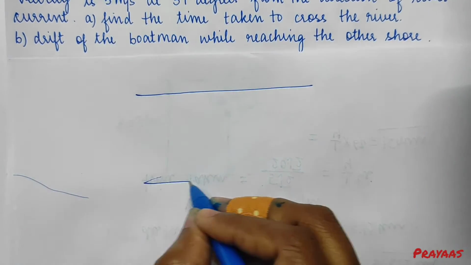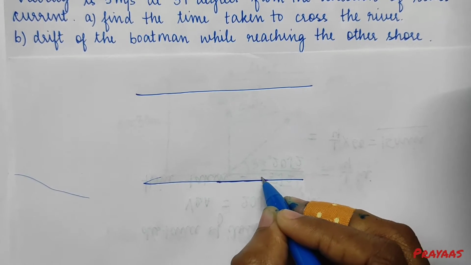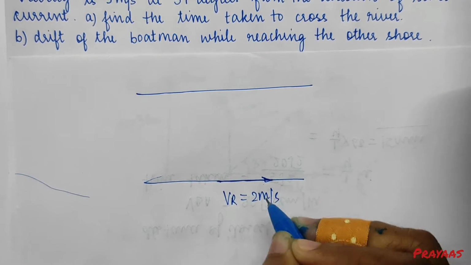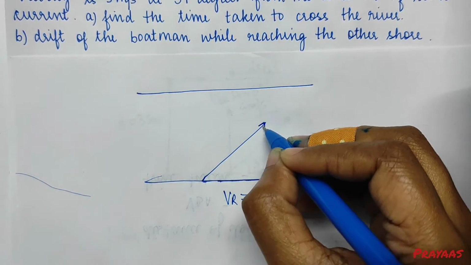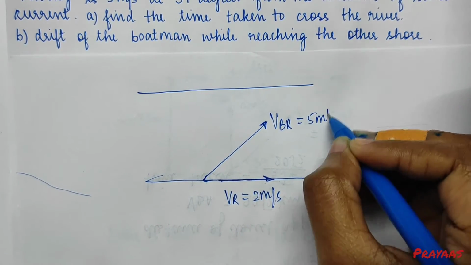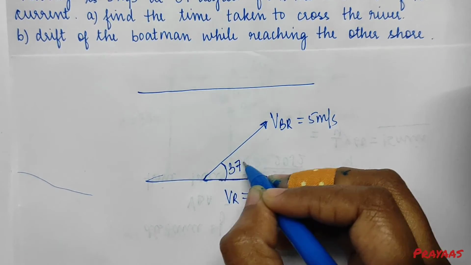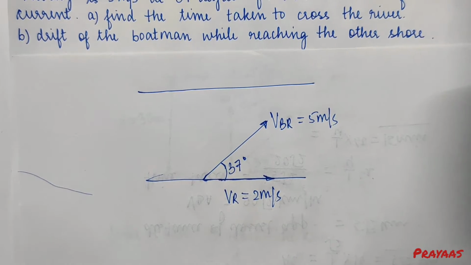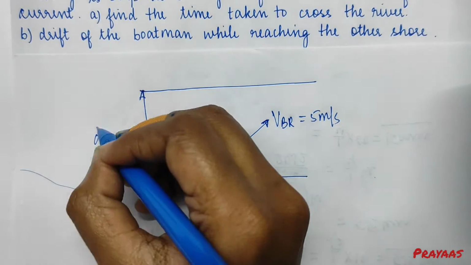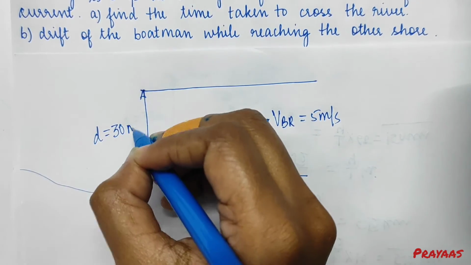So these are the river banks. Velocity of river is given as 2 meter per second and velocity of boatman with respect to river is given as 5 meter per second at an angle of 37 degrees with the direction of river current. The width of this river is given as D equals 30 meter.